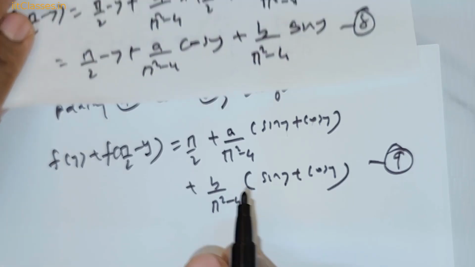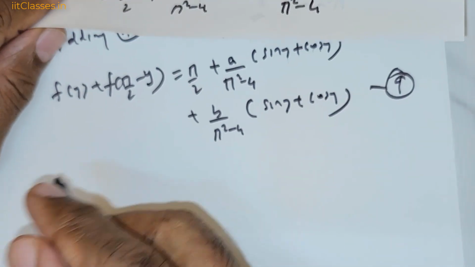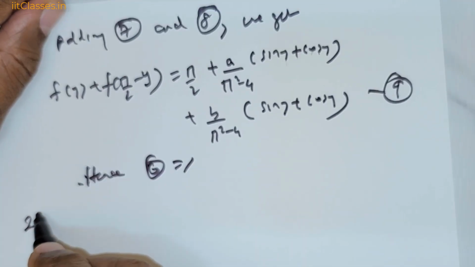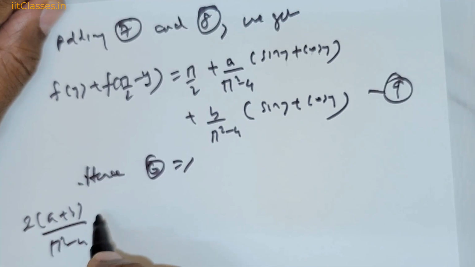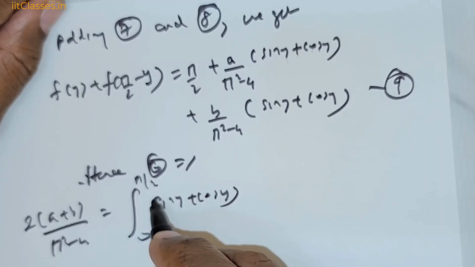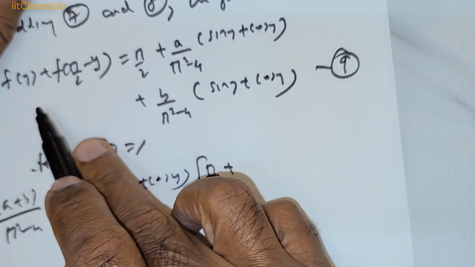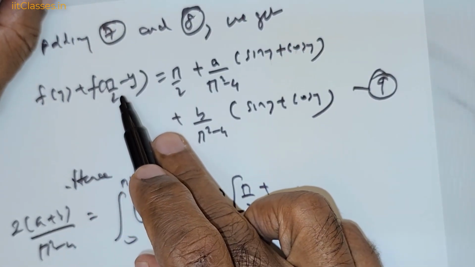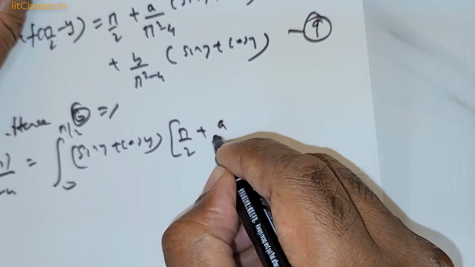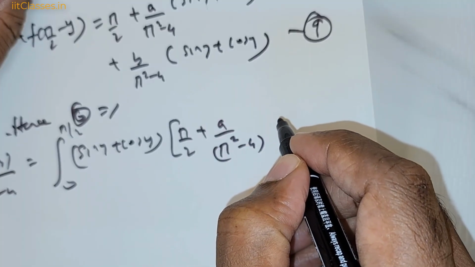Now we take this value of 9 and substitute it here in 6. So hence 6 becomes 2 times a plus b divided by pi squared minus 4 is equal to integral 0 to pi over 2 sine y plus cos y times f of y plus f of pi over 2 minus y, so it's pi over 2 plus a over pi squared minus 4.